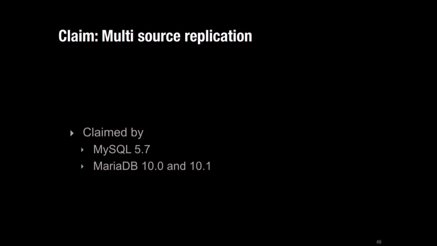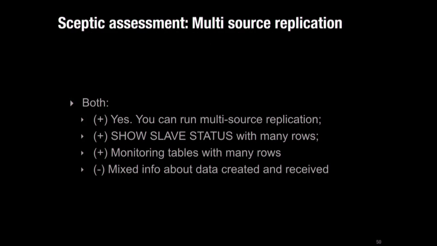So what can we say about the multi-source replication? You can run multi-source replication in both MySQL 5.7 and MariaDB. Not only that, but you can create complex topologies. So you can have star topologies, or point-to-point topologies, and fan-in topologies, everything.